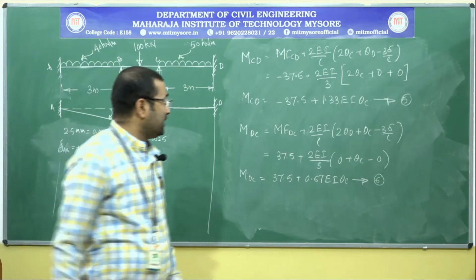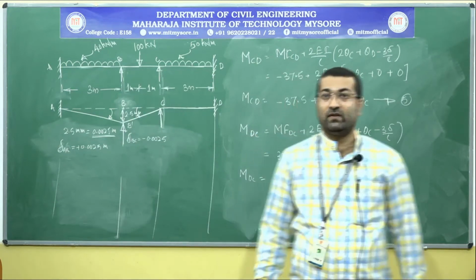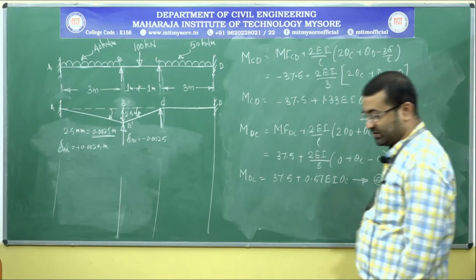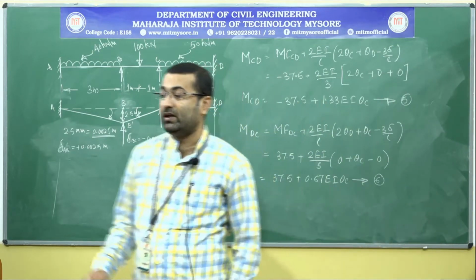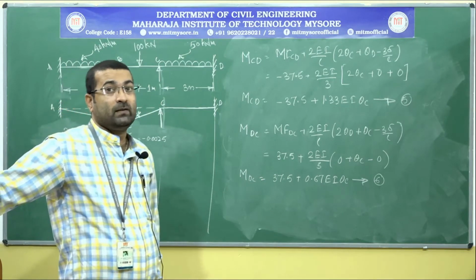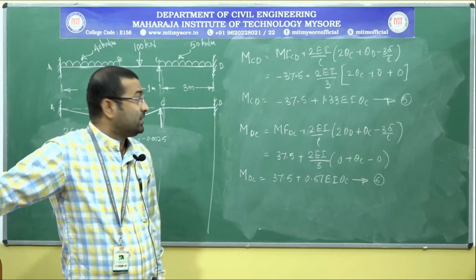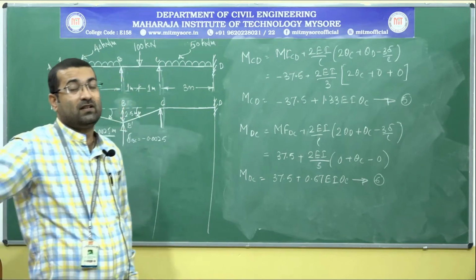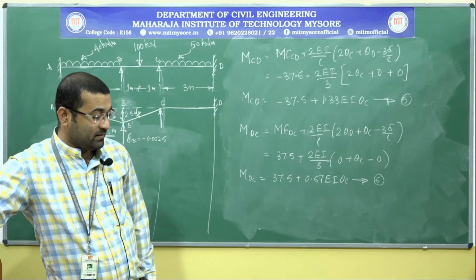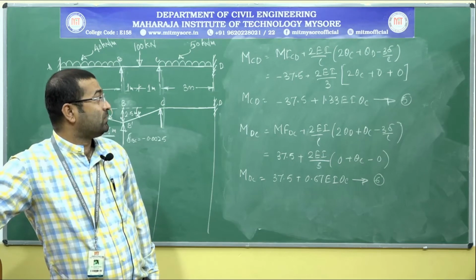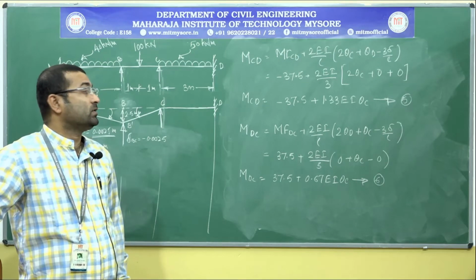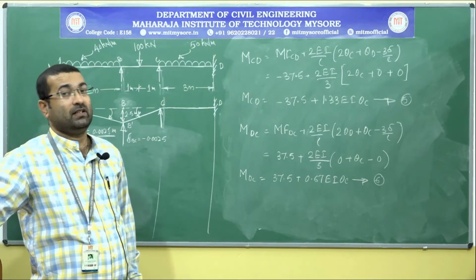But if you observe all 6 equations very carefully, in all of them you will find 2 unknowns, that is the rotation at B and the rotation at C, theta B and theta C. So we need to determine the rotation values for joint B as well as joint C. As the unknowns are 2, we need 2 conditions to determine these 2 values, theta B and theta C.